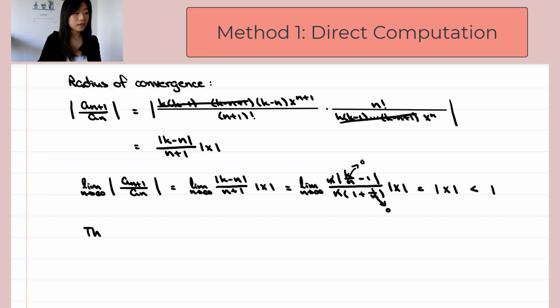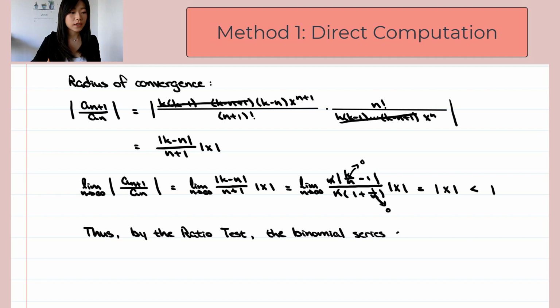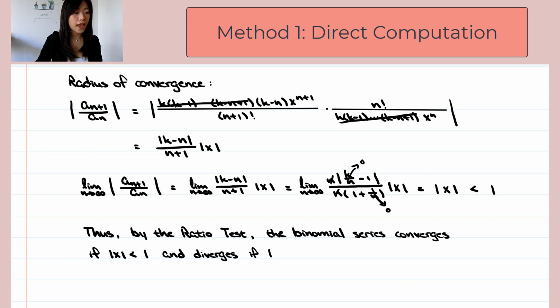Thus, by the ratio test, the binomial series converges if the absolute of x is smaller than 1 and diverges if the absolute of x is greater than 1.